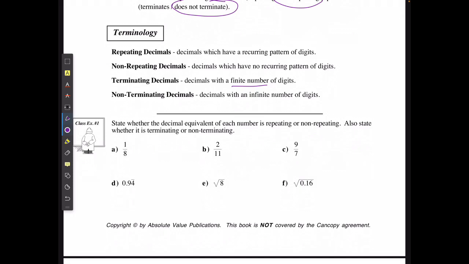When I plug 1 over 8 into my calculator, it doesn't have a repeating pattern, but it does end.